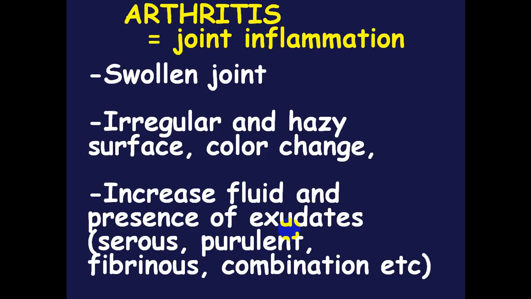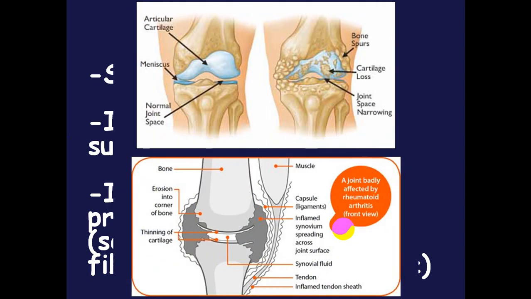If there is acute arthritis, the joint will be swollen, with an irregular and hazy surface. Also there is color change, in particular in the acute stage of arthritis. What you have to remember is that during arthritis, there is increased fluid and presence of exudates. It can be serous, purulent, or a combination.